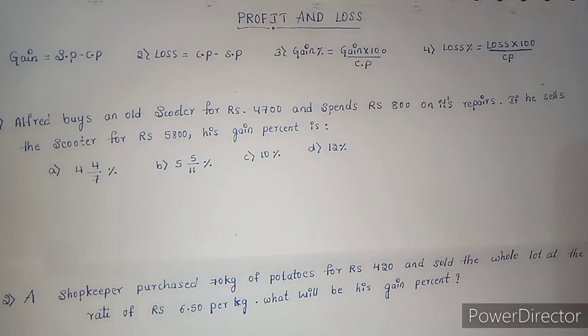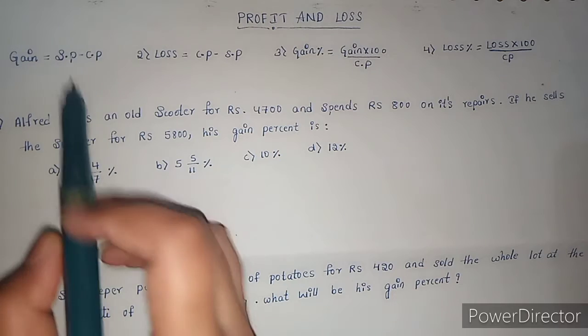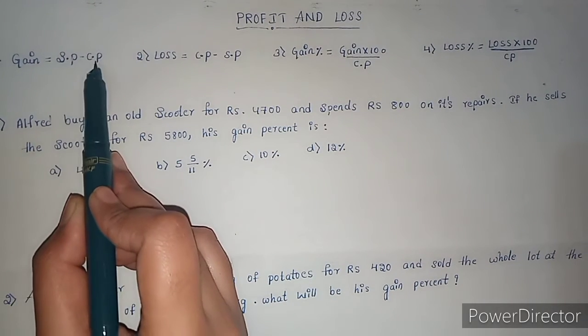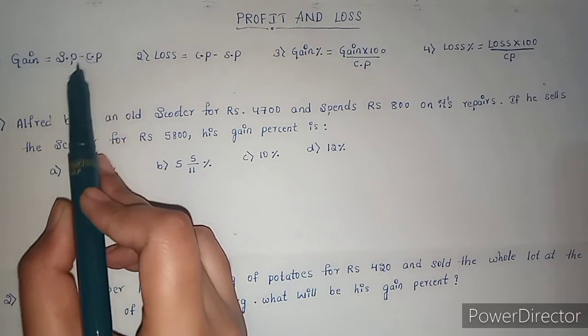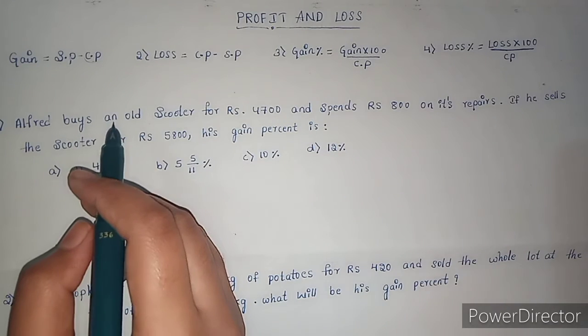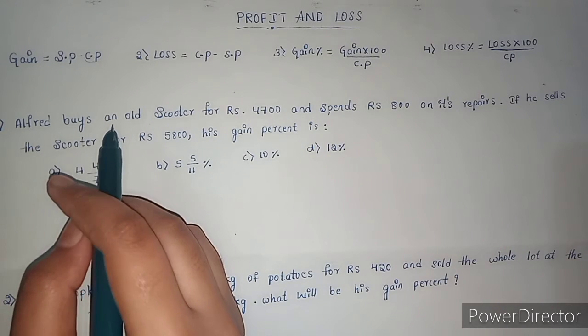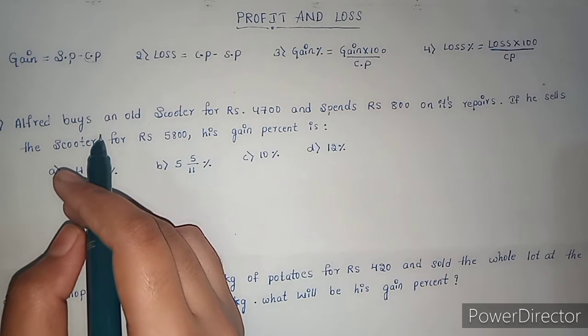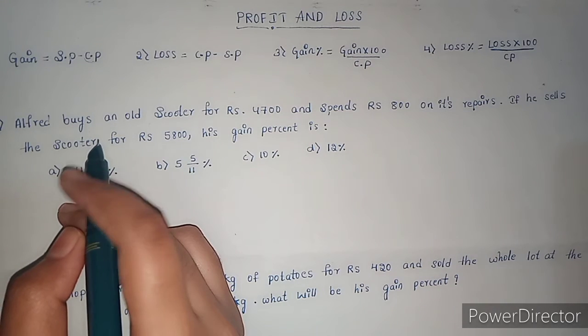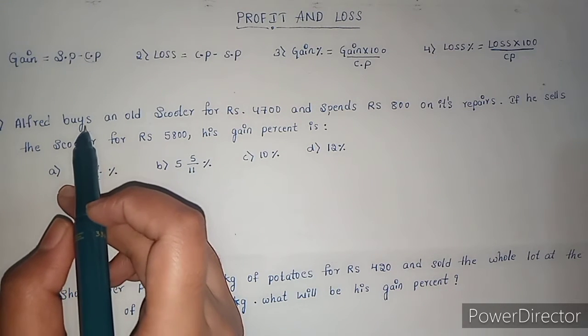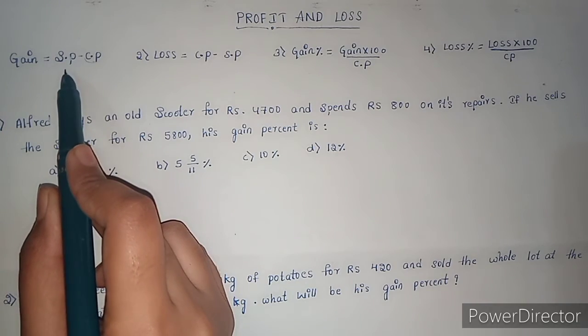Then what is profit, loss? Profit is also known as gain. Gain or profit, if the selling price is greater than cost price. For example, I bought anything for 500 rupees and I sold it for 650. Then selling price is greater, right?